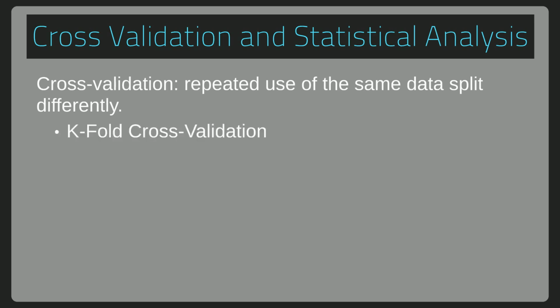And you can do that using a k-fold cross-validation. A k-fold would simply be splitting the data into a k number of equally sized chunks of data. So maybe if we have 10, we split our data into 10 equal sized chunks, and then you'd run the experiment 10 times.